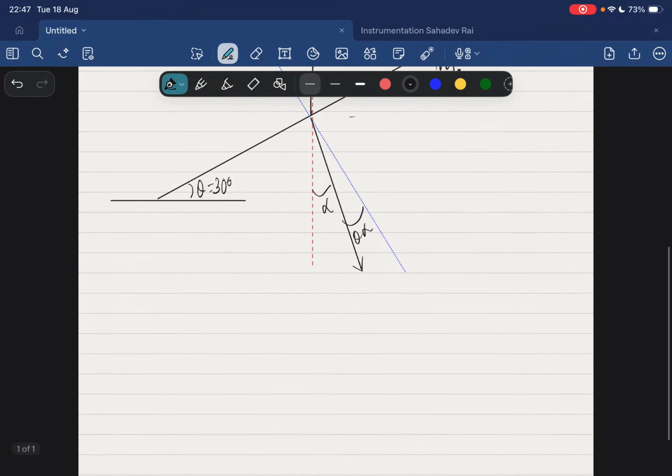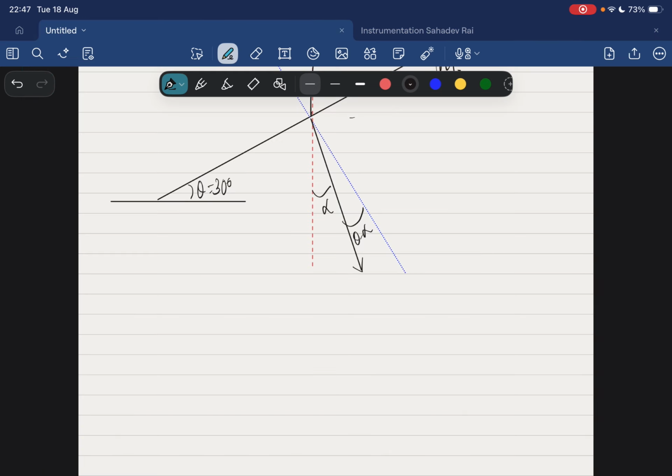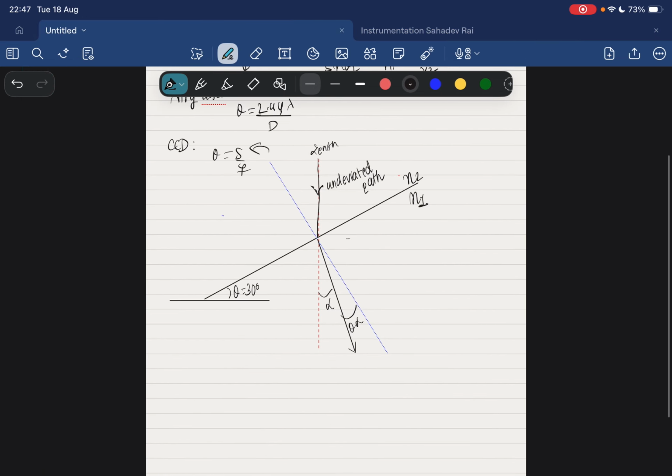This is extracted from IOAA 2025. We need to find the expression of alpha in terms of theta, n1 and n2.